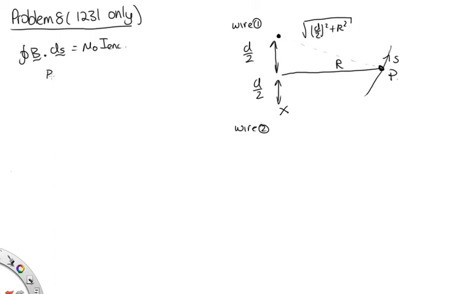And so B is equal to mu naught I, where we're told that the current flowing through the wire is given by little I, over, and now we need to divide by the path integral of ds, which is just the circumference of this circle, so that's 2 pi times the square root of (d over 2) squared plus r squared.